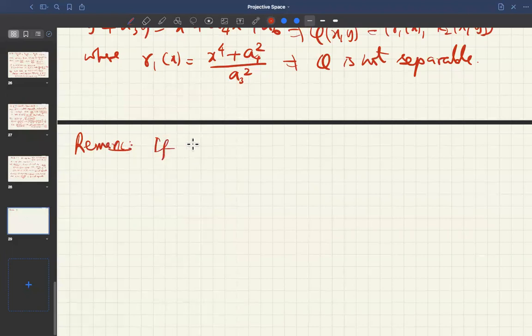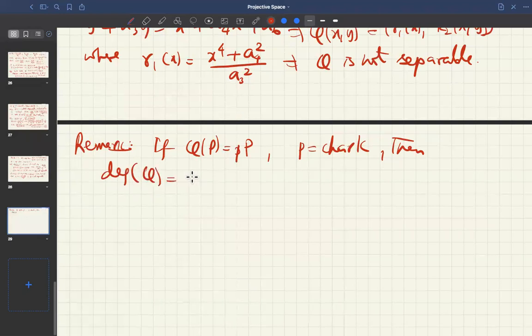So if p is the characteristic of K, then the degree of phi, where phi of P is p times P, is p square and it is not separable. This comes from the theory of division polynomials, but this is what I want to say.